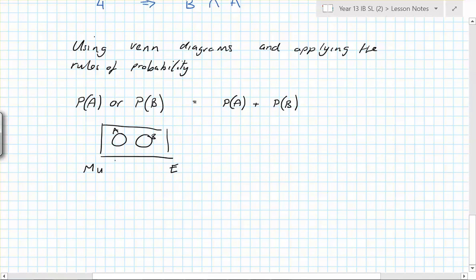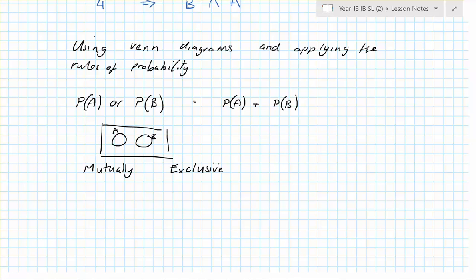Mutually exclusive. Yeah. So basically, when we've got mutually exclusive events, you've got two events that don't overlap at all. So they can't both happen at the same time.